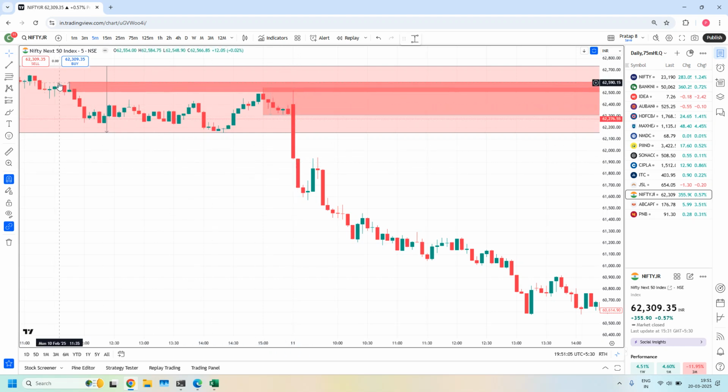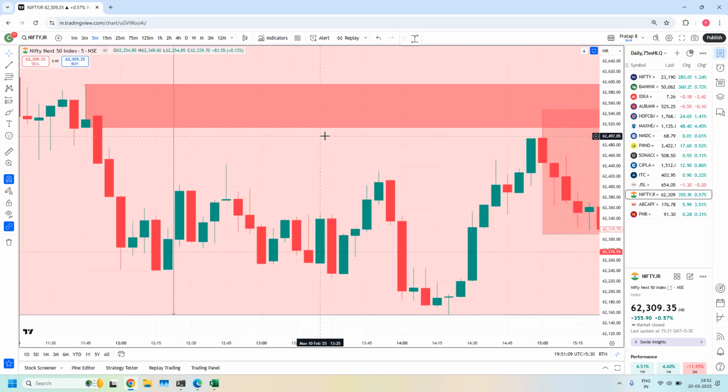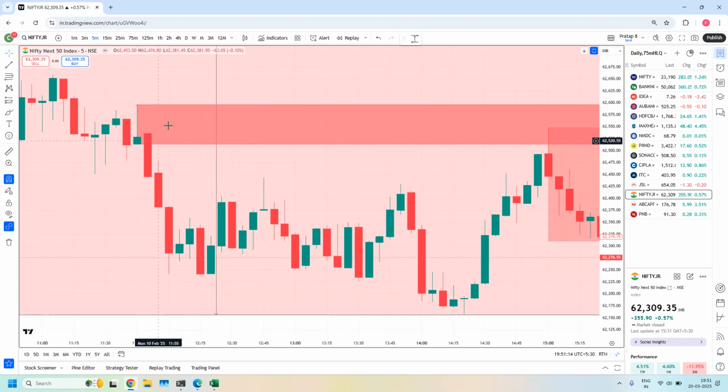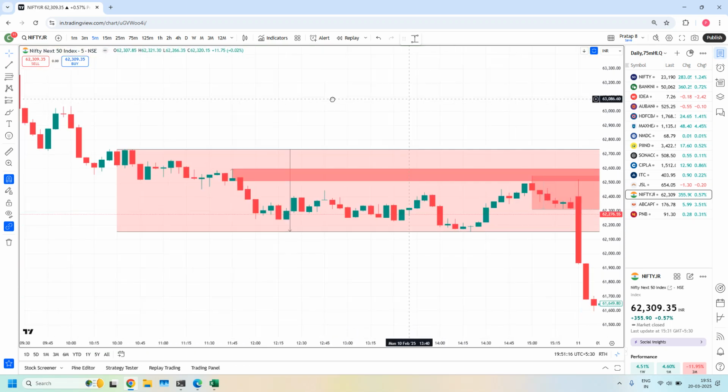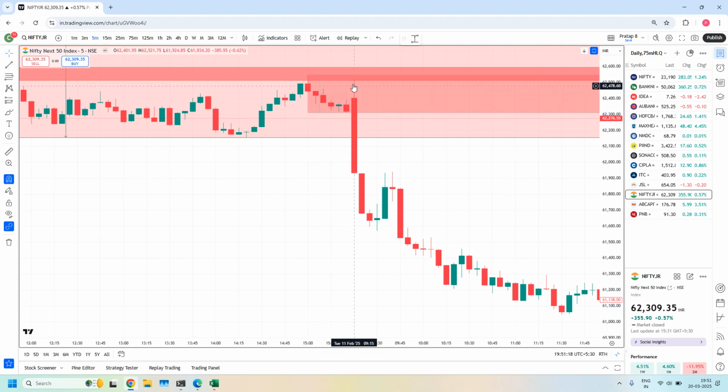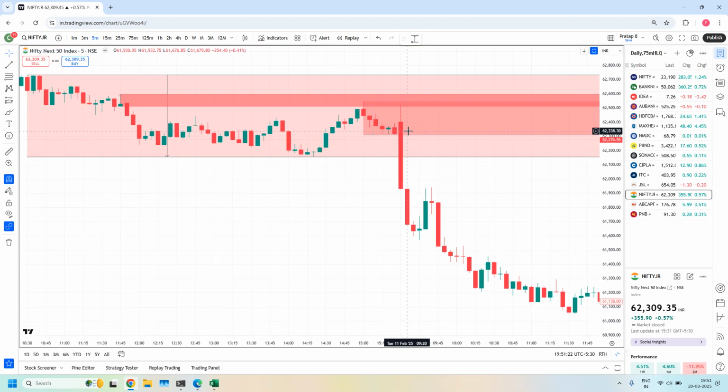Here you have drop, base, drop, follow through candles. We have an excellent drop, base, drop and follow through candle. This is a 5 minute zone. This is the origin for this entire 15 minutes fine tuned zone, and this origin might be having a strong institutional order flow.